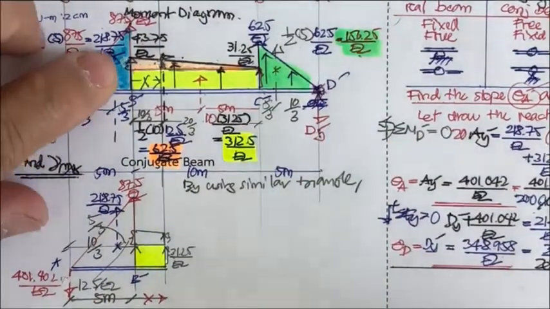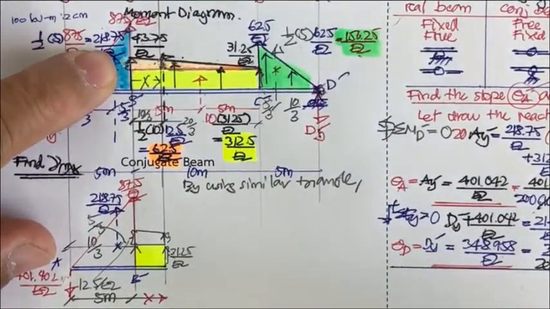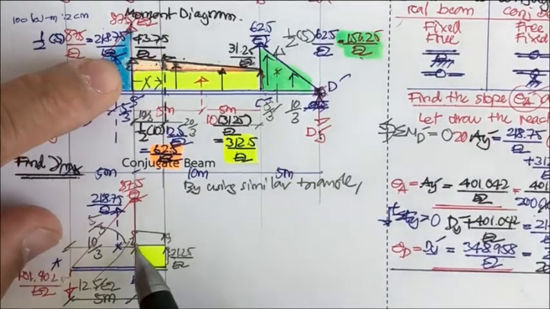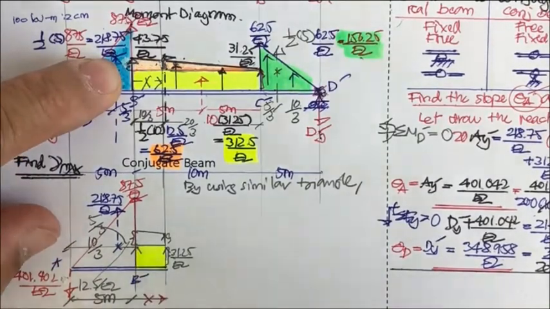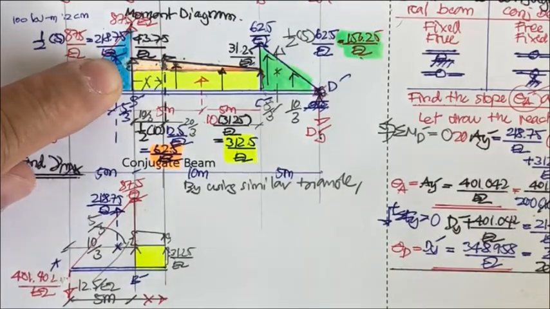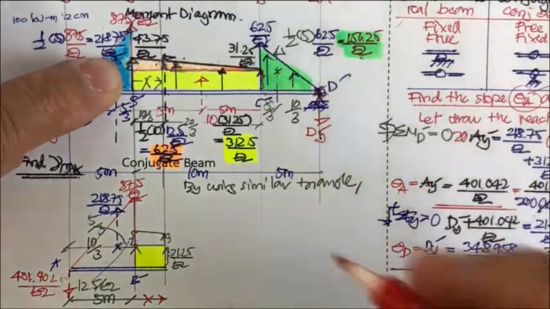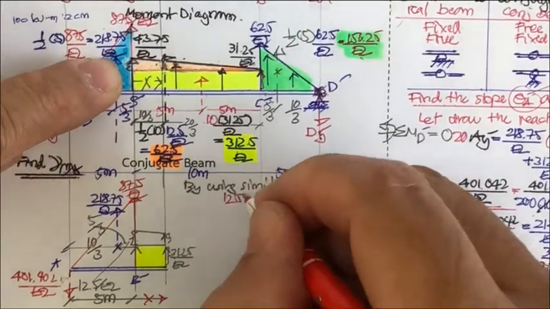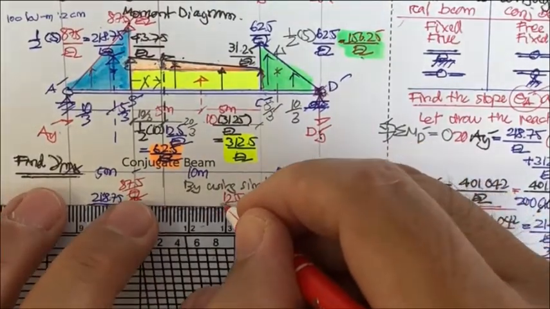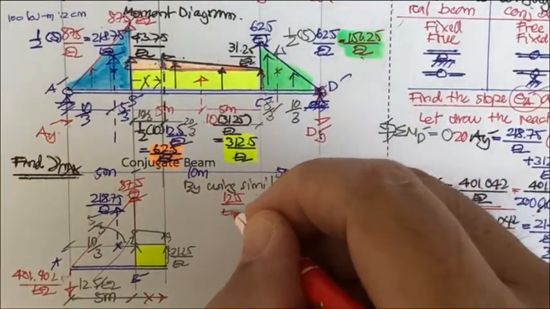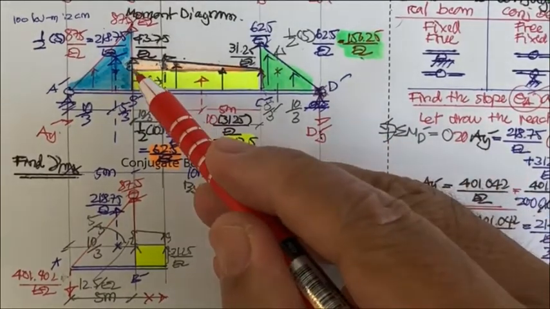Okay, and then we have this one, 12.5 divided by EI.